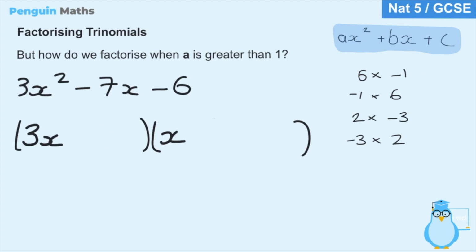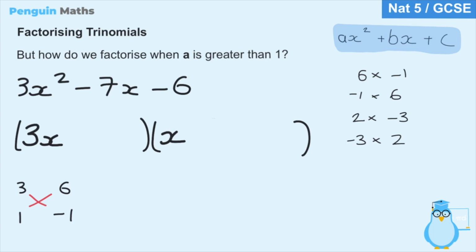If we had 6 here and minus 1 here, that would be a different answer than minus 1 and 6 here, because we have the 3x and x in the brackets, and that's going to produce different values when we multiply together, because in the past it was only x and x we had here, so that means it didn't matter in the order these were, because the first terms were the same, but because they're different in this case, the order in these numbers also matters.